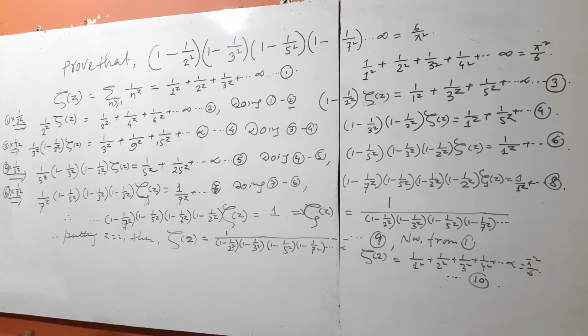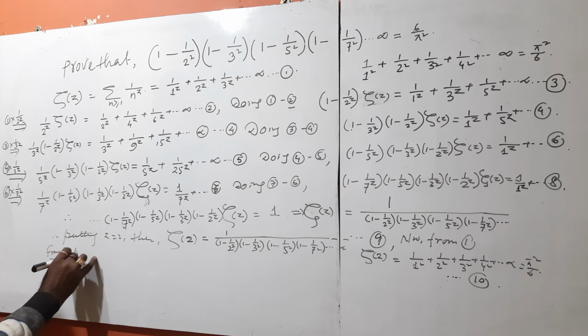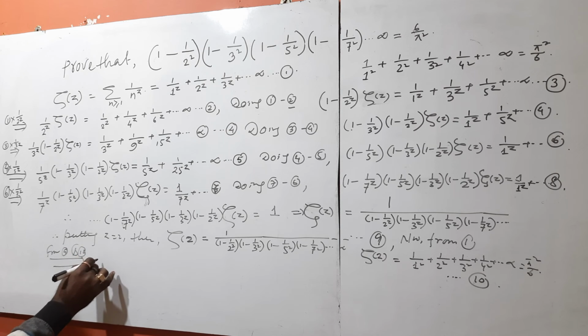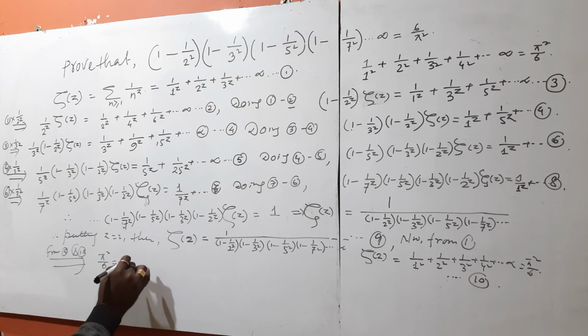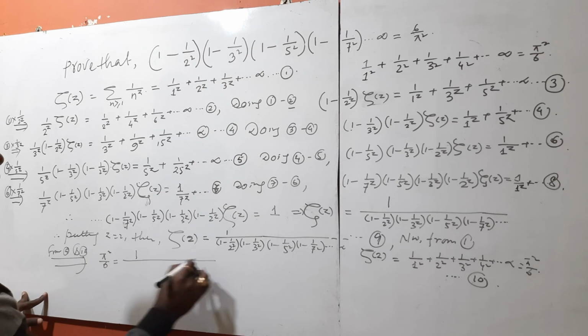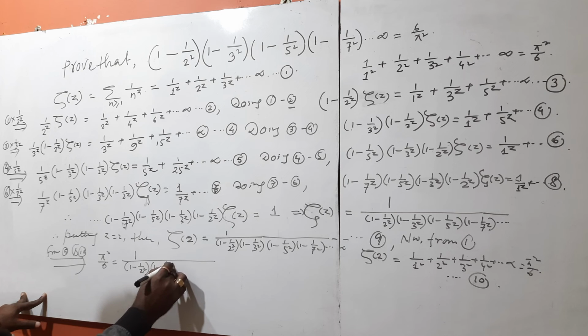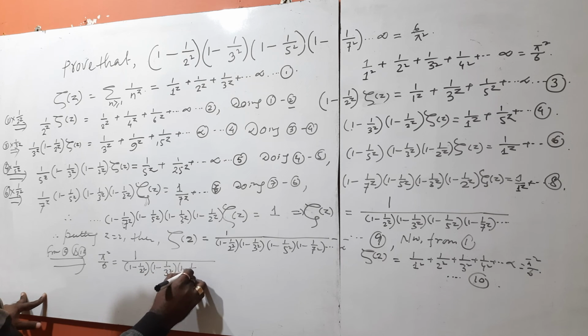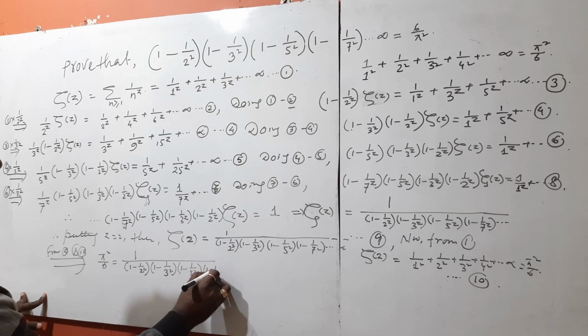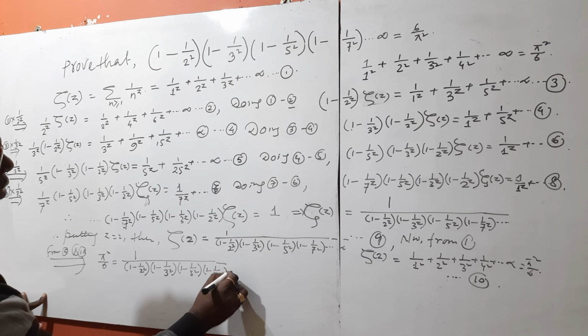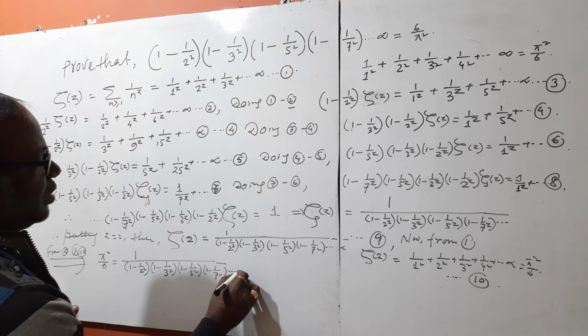Okay, so from 9 and 10 we can say that pi square by 6 is equal to 1 over 1 minus 1 over 2 square, 1 minus 1 over 3 square, 1 minus 1 over 5 square, 1 minus 1 over 7 square dot dot to infinity.